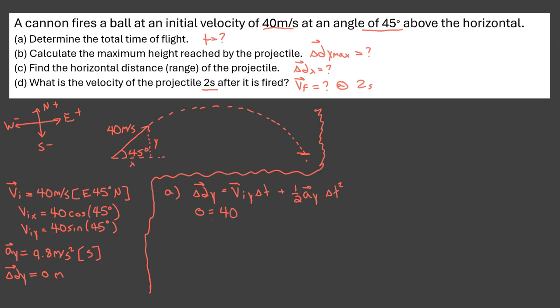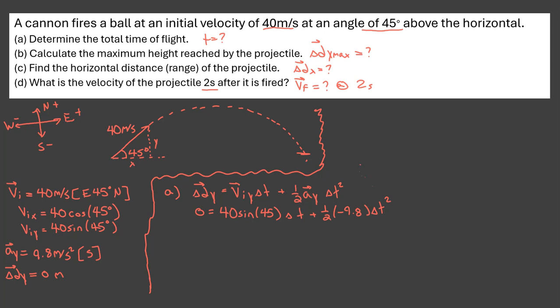So I'll put 40 sine 45 degrees times time plus 1/2 times negative. It's a negative value because based on my compass, south or down is in the negative direction. So that'll be negative 9.8 times my time squared.